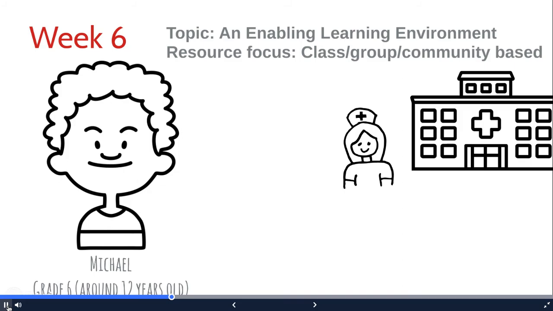He's struggling with friendships, he's resenting the adults in his life, and he needs some sort of resource which is class, group or community based. So you're going to be searching out or developing something which will engage Michael with a group or with a class or a community that's going to build up his sense of self-worth and possibly build those social connections that he's missed out on.